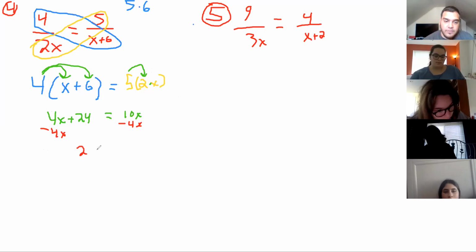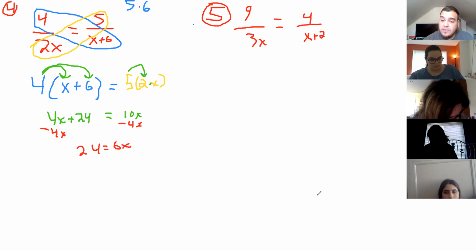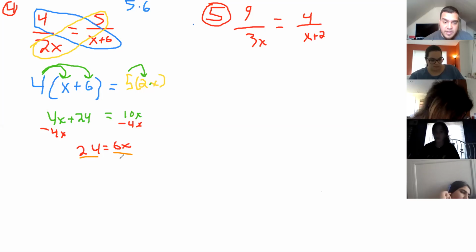So now I have 24 equals 6x. Then it is 6 times x, so we have to do the opposite, which is divide. So 6 divided by 6, and 24 divided by 6. So your final answer is x equals 4.